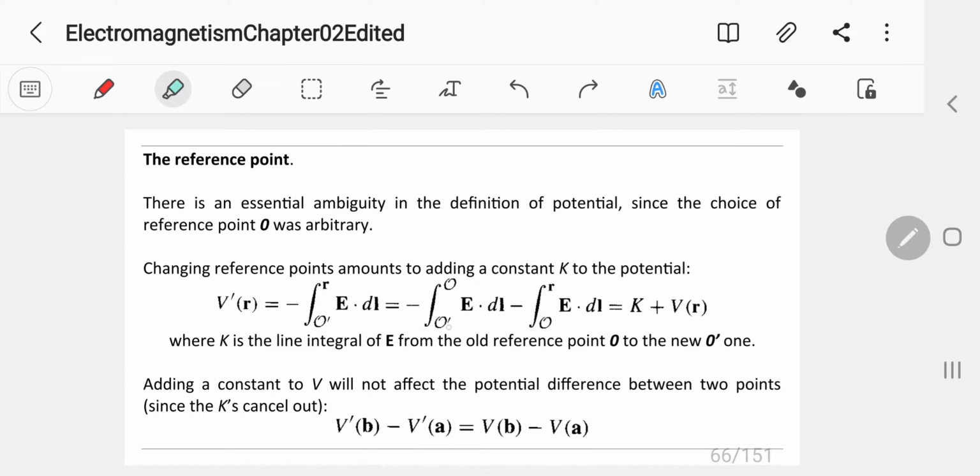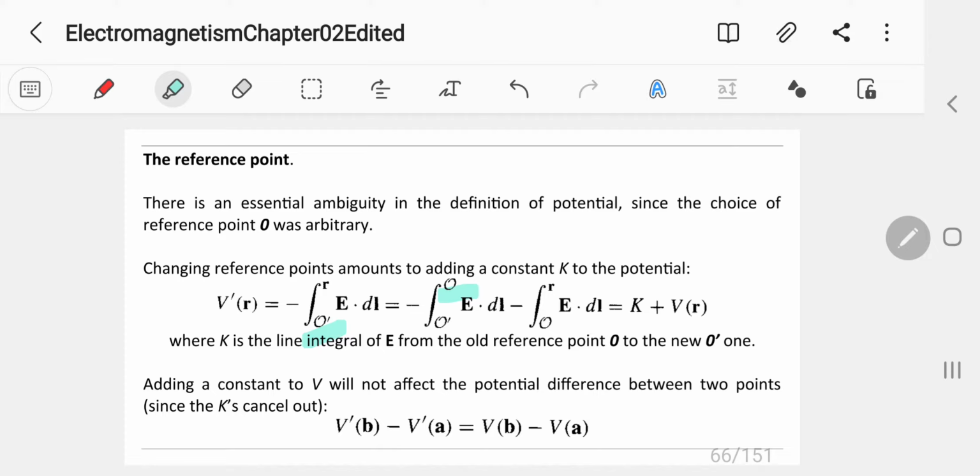So here you can set an arbitrary reference point, and let's say this reference point is different from our initial reference point, so that you can actually separate the integral into O prime to 0, and then 0 to R, and that will just give you some constant which will be cancelled if you get the potential difference.